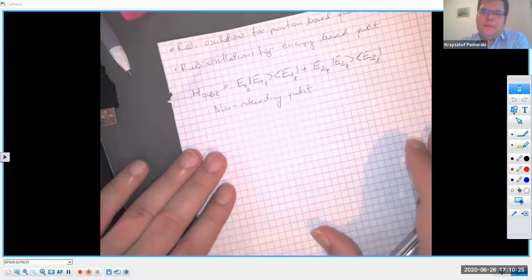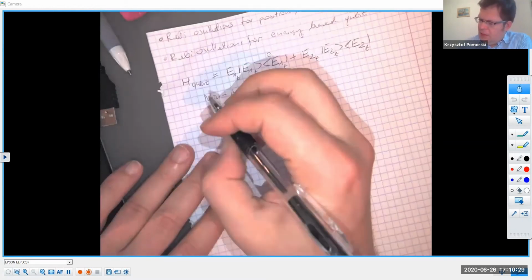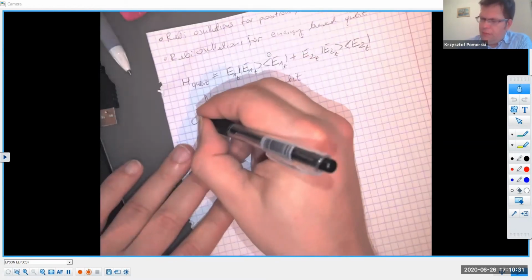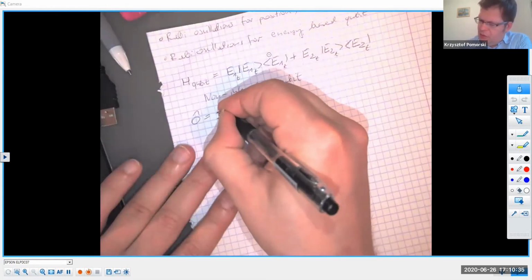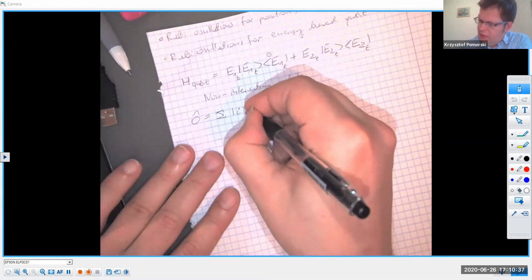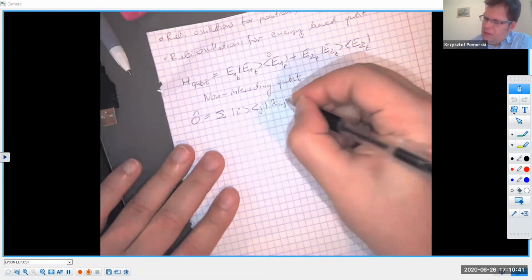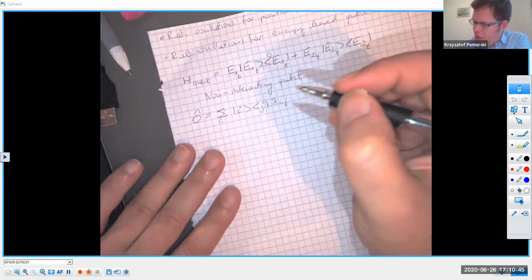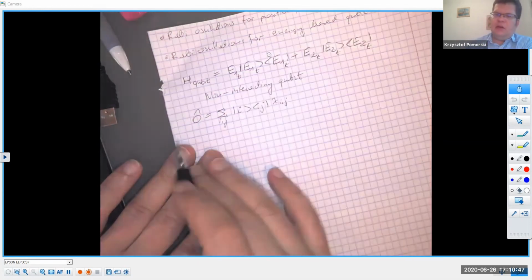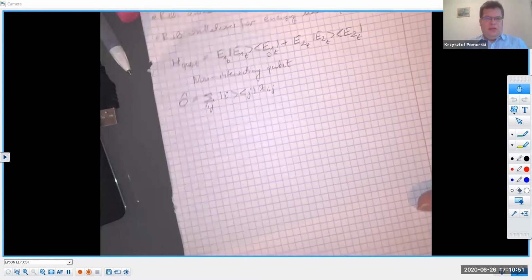But let's say any operator O can be written in such a way that it gives you certain results. It's an operator acting on a quantum state, right?